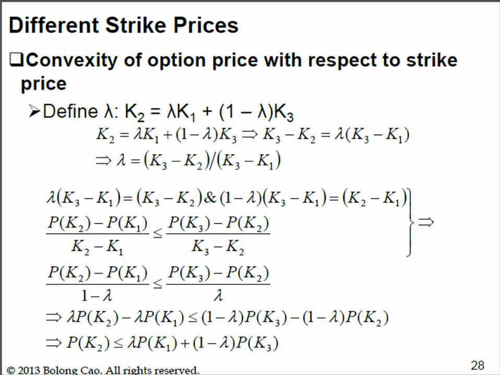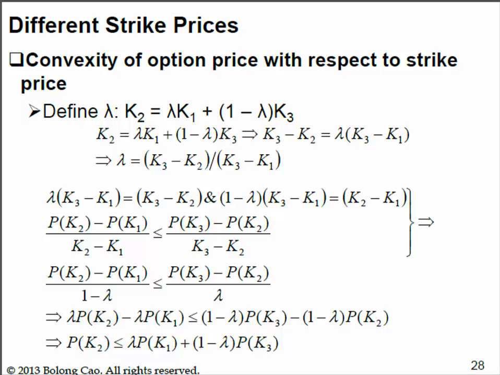To prove it, we will need to do a little bit of math. We just need to manipulate the symbols a little bit to get the result. So first we consider the middle strike. We define the middle strike as a weighted average of K1 and K3.